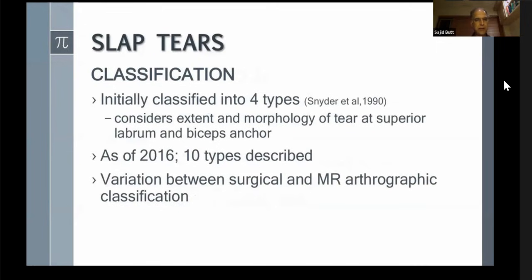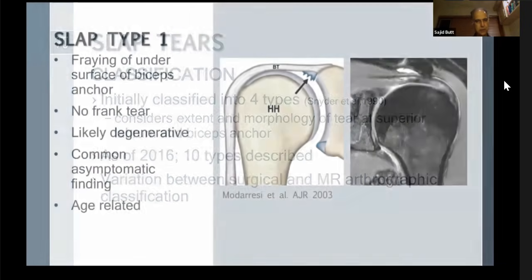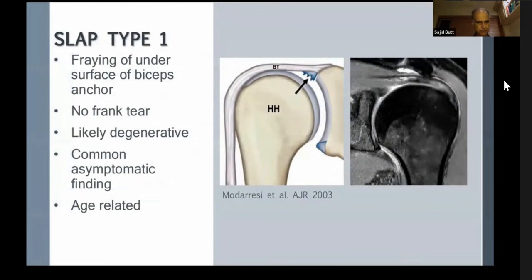There are a million types of slap tears described, but we tend to limit ourselves to the classical description by Schneider, which he made in 1990 when MR was just about coming into clinical practice. And I'll concentrate on those and briefly touch upon the others. So the type 1 slap tear is when you get a frayed undersurface of the bicipitolabral complex.